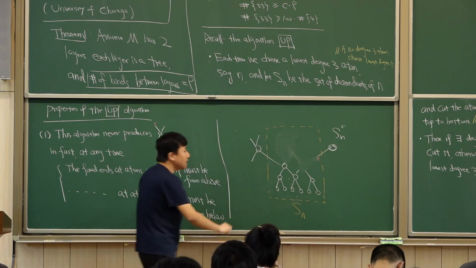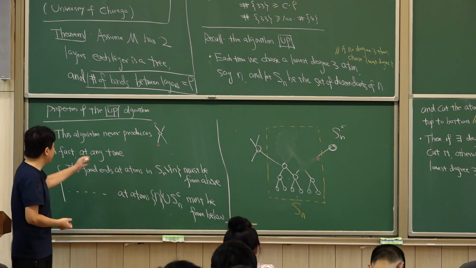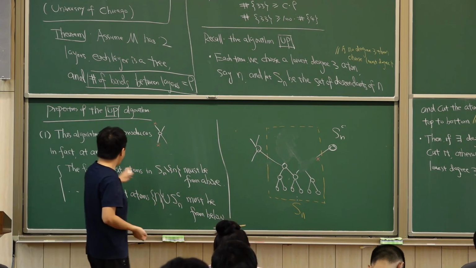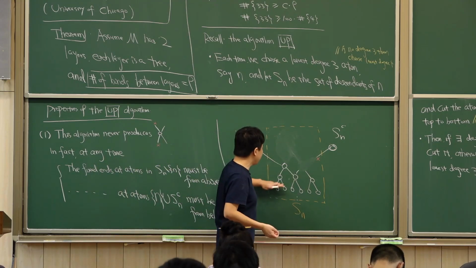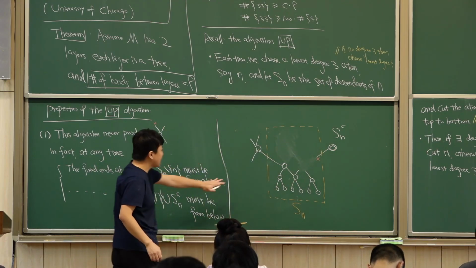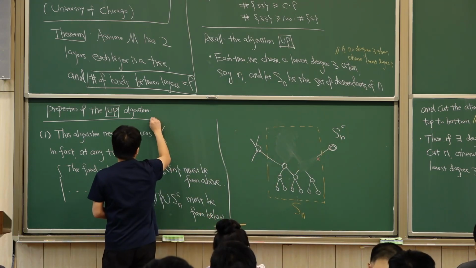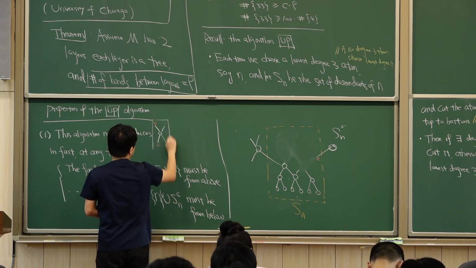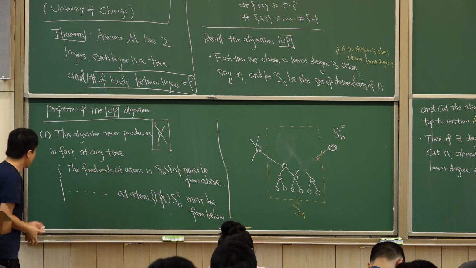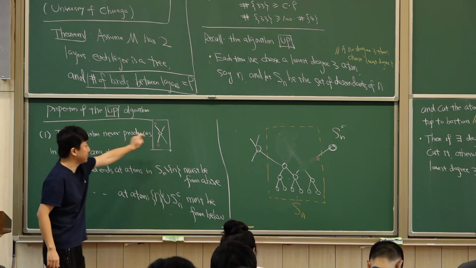Okay, so this is a monotonicity kind of in the setting of the algorithm, and it tells us that any fixed end inside Sn must be from above, and any fixed end outside of Sn must be from below. And in either case, you cannot have this forbidden structure. Okay, so this is the first thing, that it never produces forbidden structure.